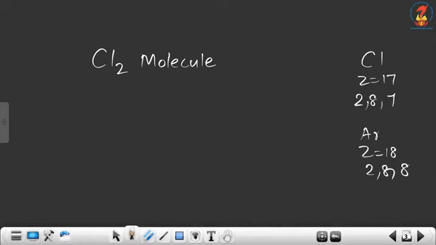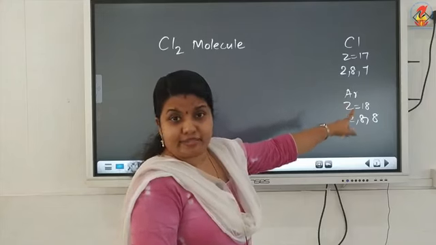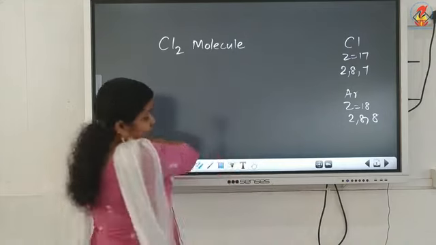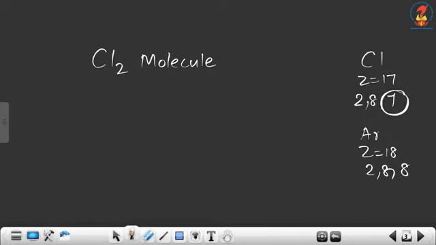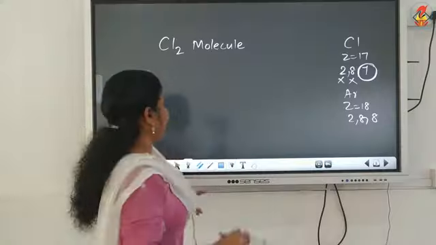So chlorine always tries to attain the configuration of the nearest noble gas, that is argon, 2, 8, 8. So how many electrons do we have to represent in the electron dot structure? When you write the electron dot structure, only electrons in the valence shell need to be written. You need not write electrons in the inner shells. Only the valence electrons are to be represented.